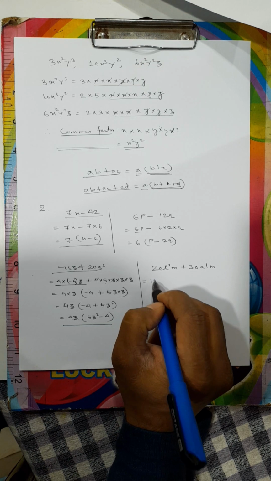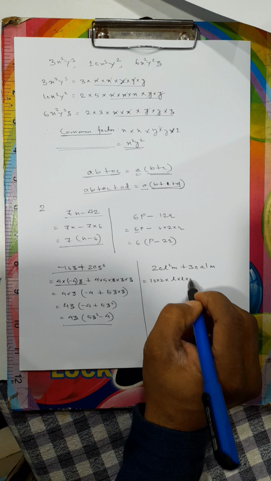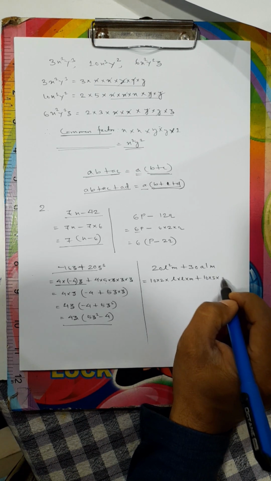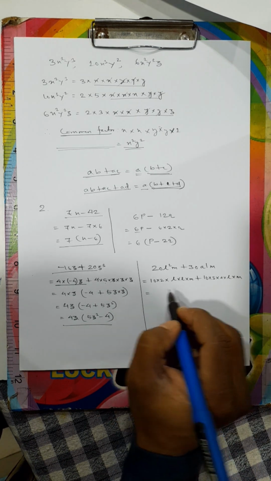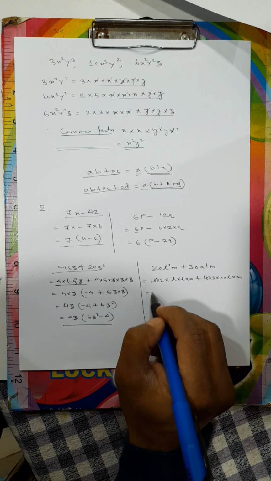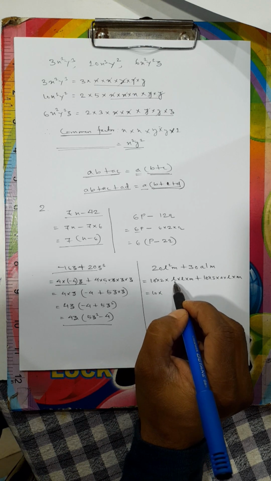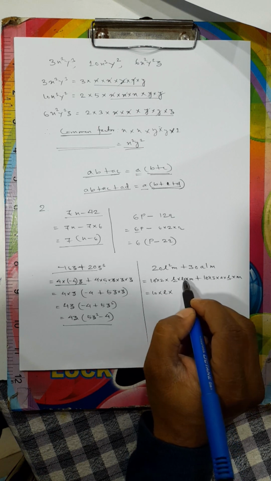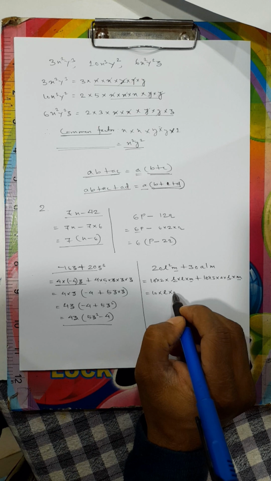So we can write it as 10 into 2 into L into L into m plus 10 into 3 a into L into m. So what are the common factors of both these two terms? 10 is a common factor, 10. Then L is a common factor of both terms, L. Then m is also a common factor of both terms, m.